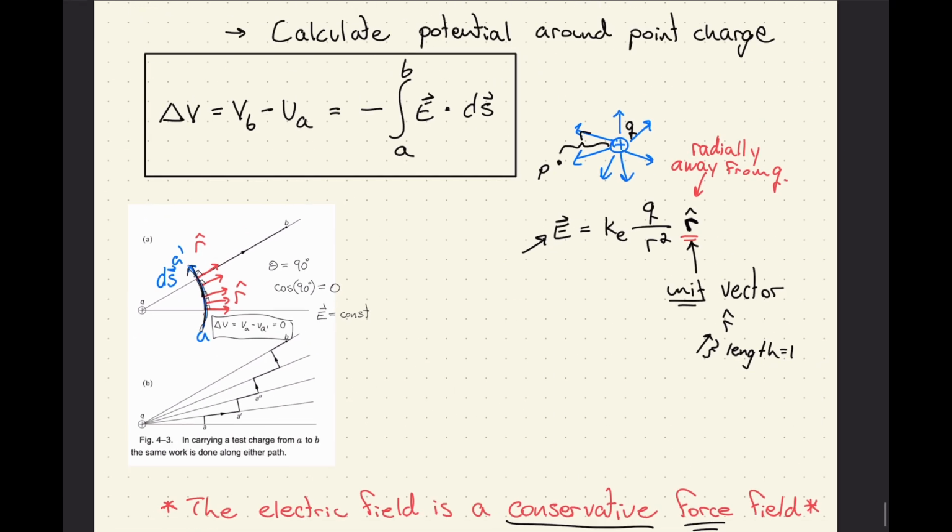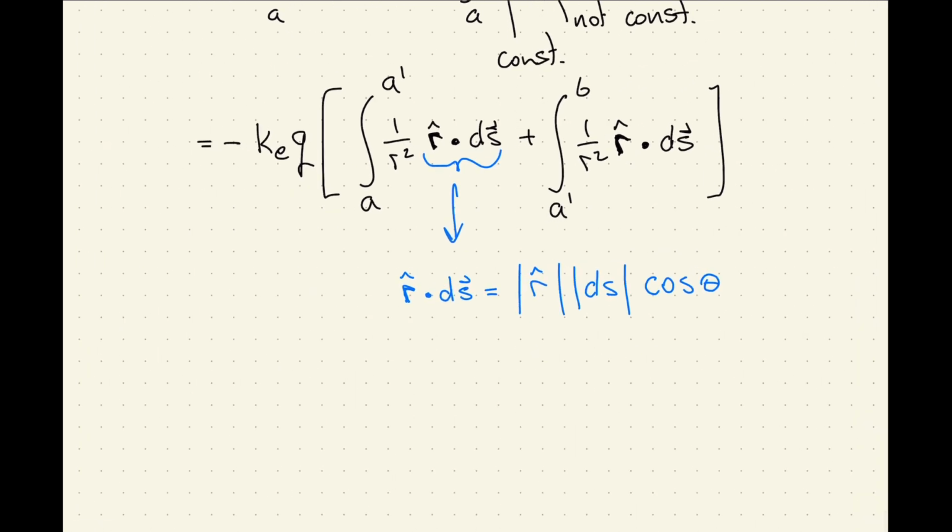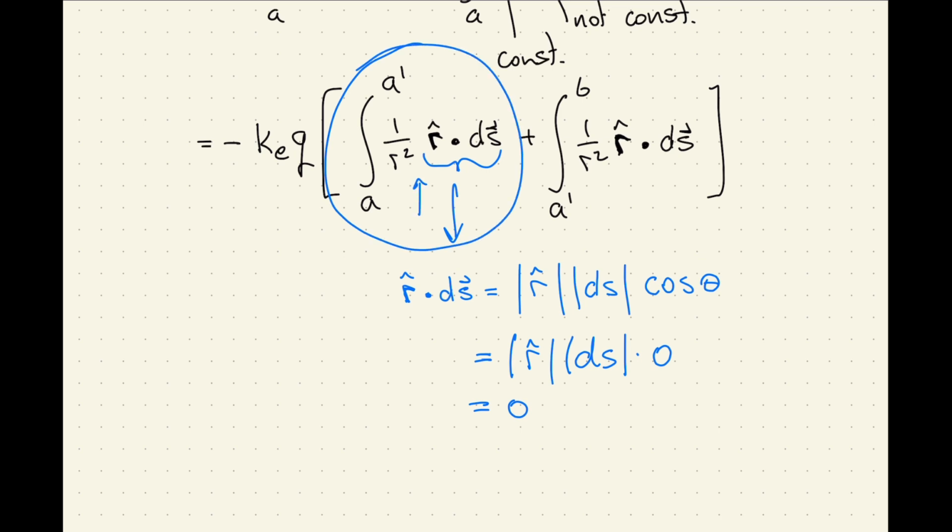So if you go down to here, you can expand this entire thing as the magnitude of r hat, the magnitude of ds, and then multiplying by 0. So this entire thing is equal to 0. That means you can replace the inside of this integral by 0, and if you have an integral of 0 ds or dx, for example, the entire integral will equal 0.